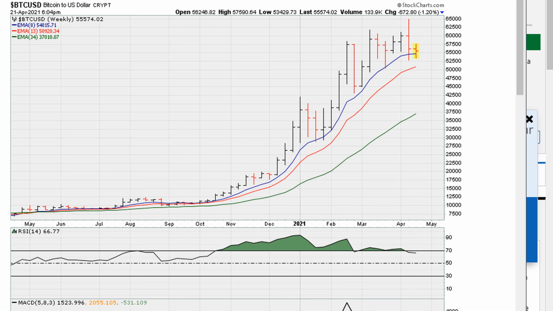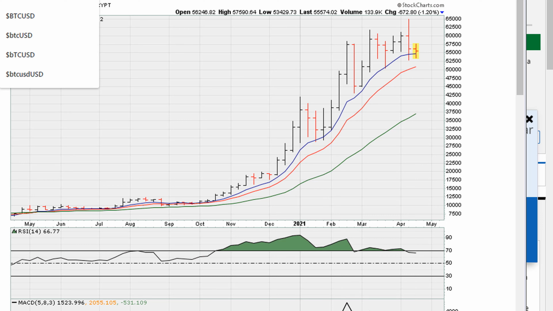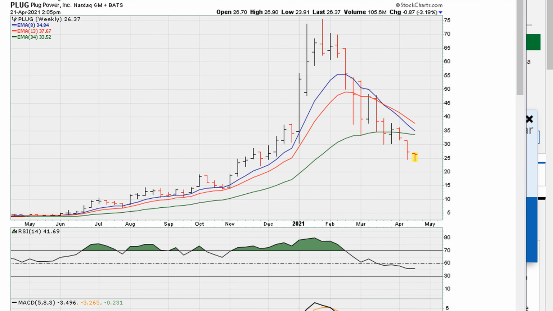Oh, before I forget, let's take a look at one other previous example so we can understand and appreciate this method. It is for the same sector as TAN, or the solar space. This is Plug, which had a fantastic run, and not to be left behind because we are not asleep, we managed to capture most of these moves in 2020, leading into 2021.